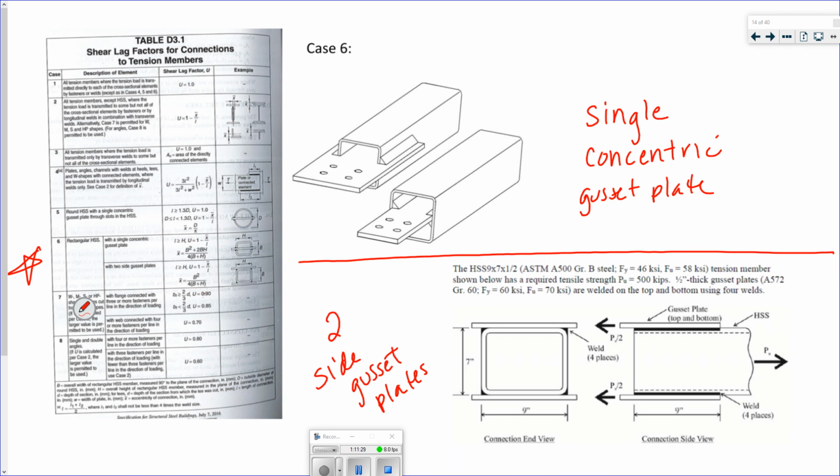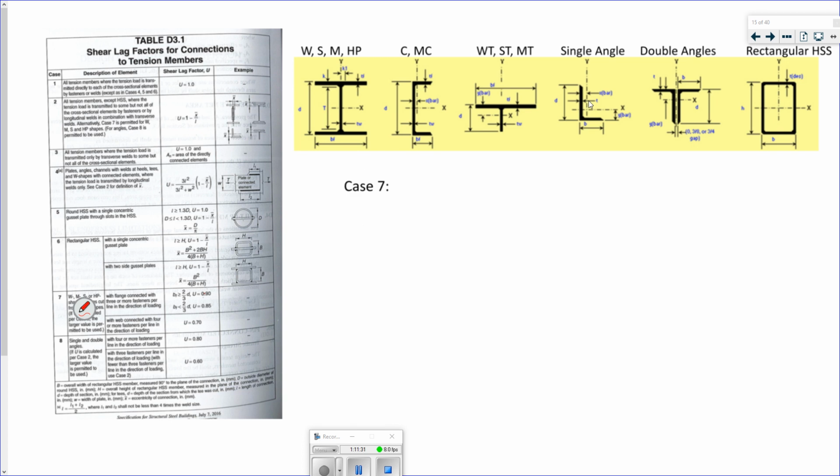Okay. Case 7. Let's move that out of the way. This is permitted instead of using case 2. You can use case 2 or case 7. And actually it says you can use the less conservative value of the two.